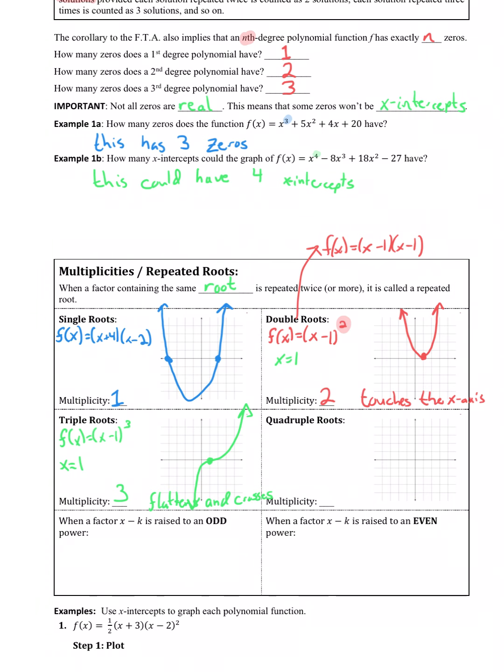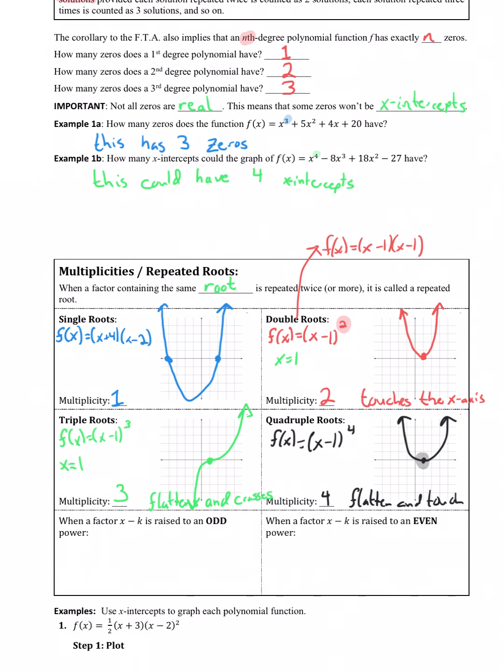And then the last example here, a quadruple root that I'll show you. We'll just say x minus 1 to the 4th. We'll just stay consistent there. And there's a multiplicity 4. And it's going to do the same thing where it's going to flatten and touch the x-axis, but then it's just going to turn around and go back the other way.